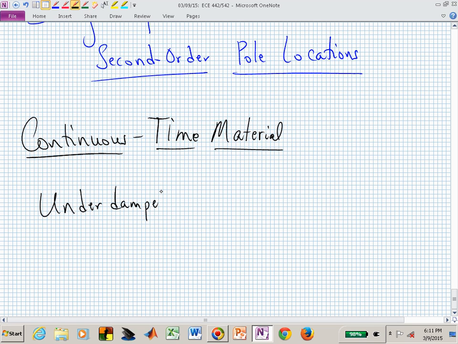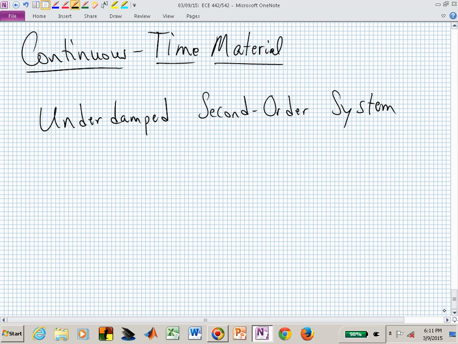Let's start, this is maybe easier to think about in the continuous time case, and then we know how to map. We've talked about mapping between the S domain and the Z domain. Let's look at an underdamped second order system associated with a continuous time system, and we're looking at this system in the frequency domain.